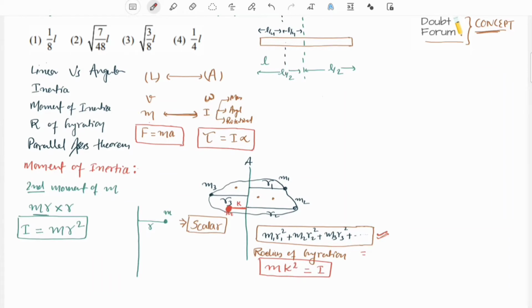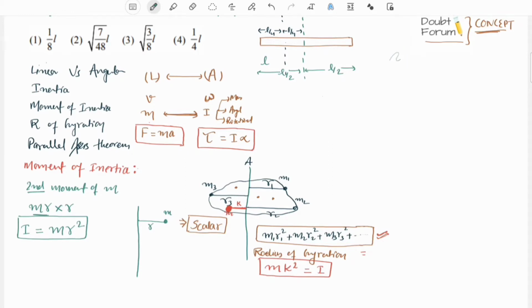So let us solve the question. After this, we would also learn a little bit about the parallel axis theorem. Before that, let me explain that you cannot calculate the moment of inertia by adding up each particle. So we use the technique of integration, and we derive standard formulae for standard shapes.